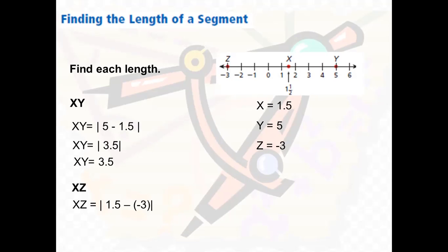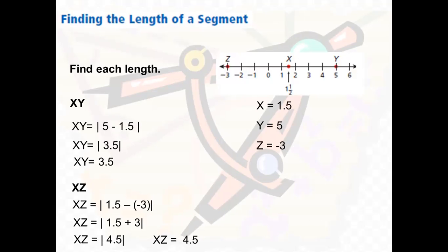So -1 multiplied by -3 will give us +3. These are algebraic rules. So 1.5 plus 3 will give us an absolute value of 4.5. So the distance between X and Z is 4.5. This is how you use absolute value to find the length of segments.